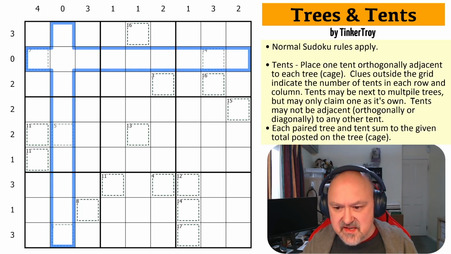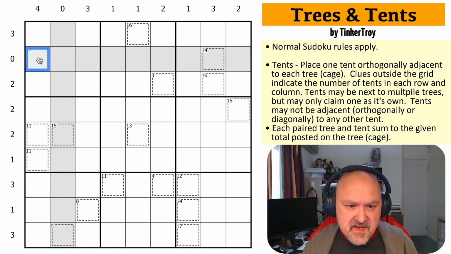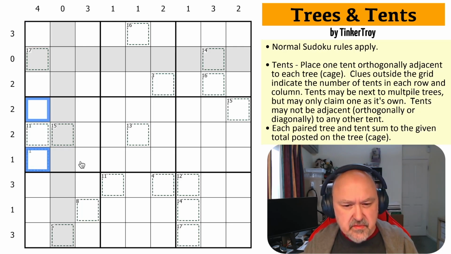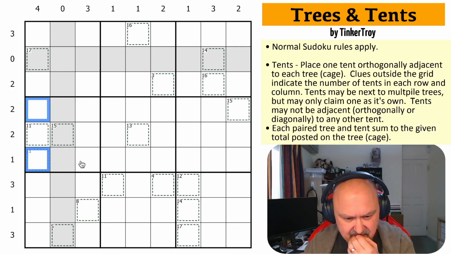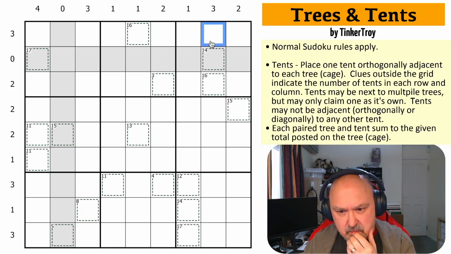But I am going to say there's none in those columns. So the one for this is in one of those two. The one for this is in one of those two. And the one for this is going to be in one of those two.